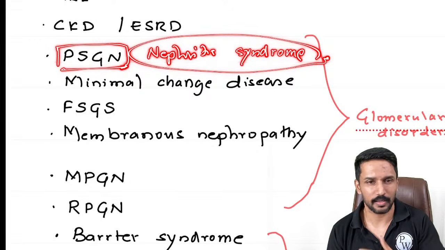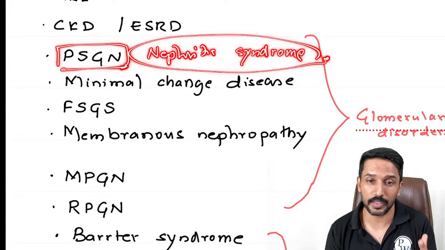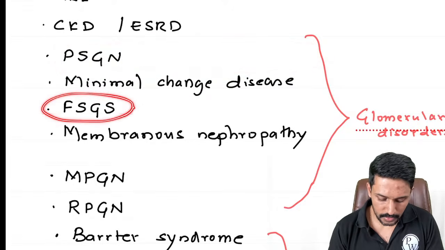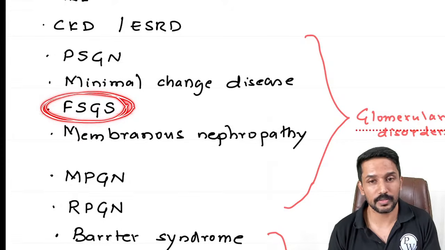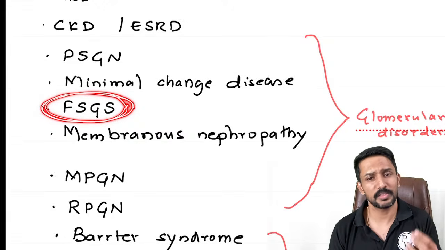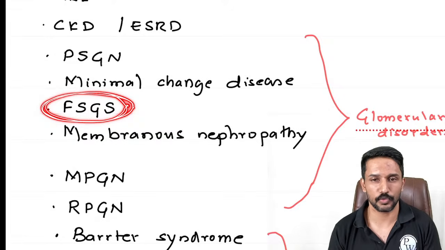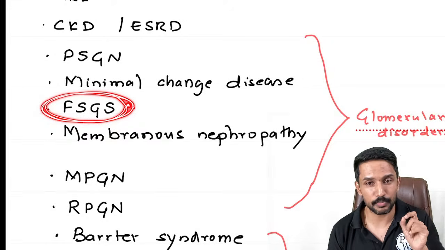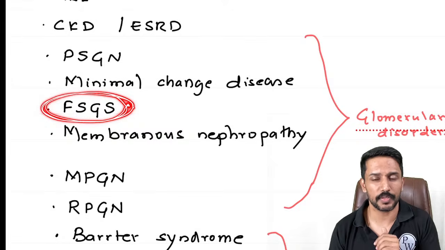No. Unlikely that PSGN would present with nephrotic syndrome. On the other hand, FSGS, which is very common in HIV individuals and African blacks, typically presents with nephrotic syndrome. So if someone presents with hypertension, periorbital edema, hematuria, dysmorphic RBCs, should I think of FSGS?